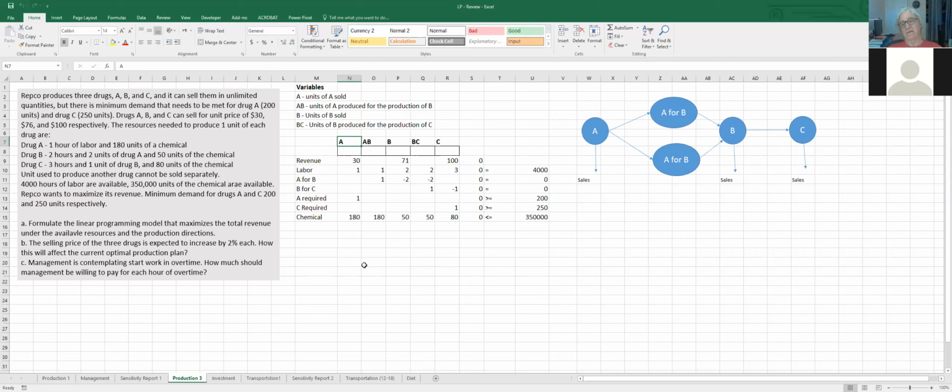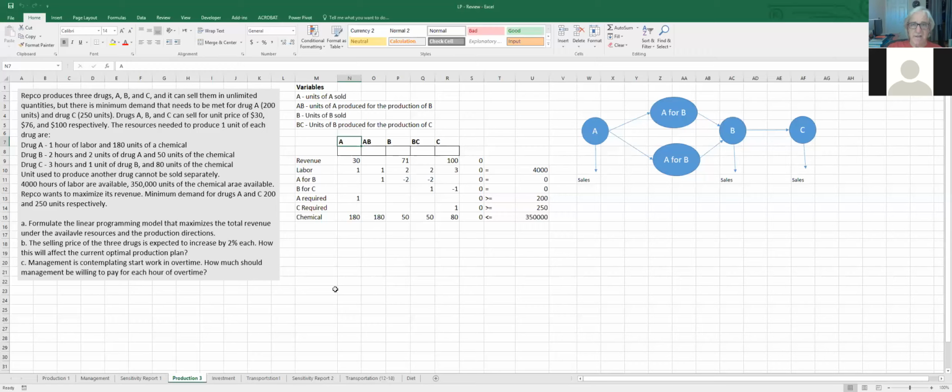That's it. This means that the quantities that you produce of A, B, C are not independent of one another. The production process requires relationships between them, and the solver doesn't know about these relationships if you don't tell it that they exist. So these are the additional constraints, and in fact, the additional variables that you need here.